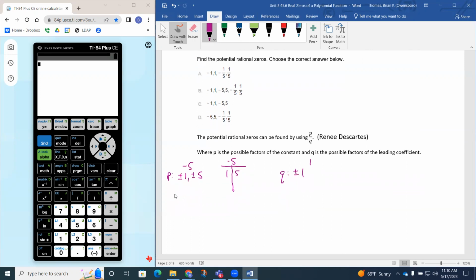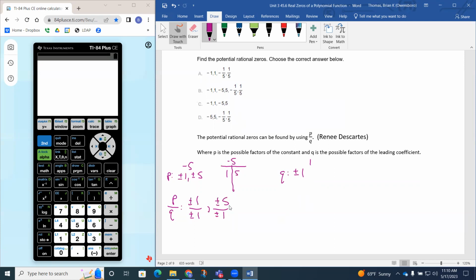So again, P over Q becomes our potential rational zeros, if you will. Since P could be 1 and Q could be 1, I could write this as plus or minus 1 over plus or minus 1. You also have P could be 5 and Q could be 1, so you could also have plus or minus 5 over plus or minus 1.